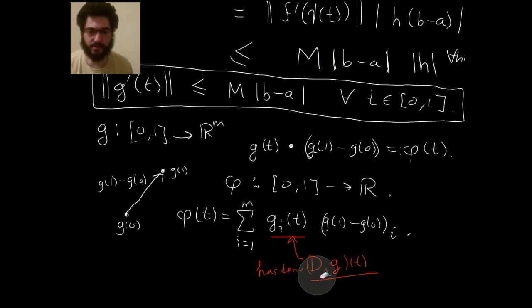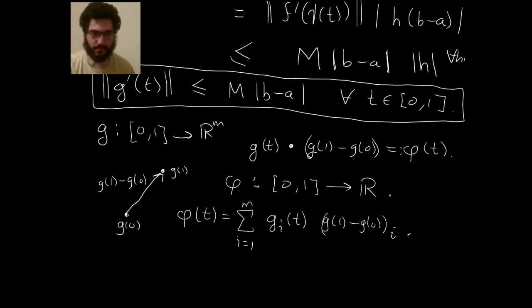Okay, so that's why phi is differentiable. It's a sum of differentiables, and these individual ones are differentiable because we have already connected differentiability of a function to the differentiability of the partials. And we said when the function is differentiable, the partials exist. Okay, and in fact we can say exactly what the derivative is.